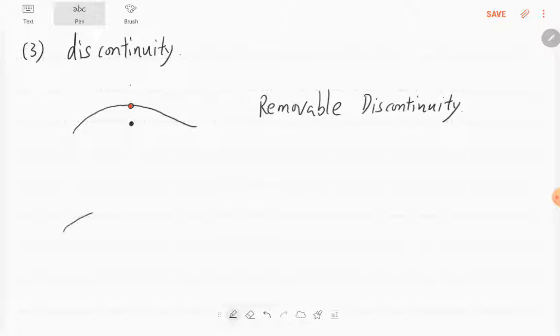For this kind of curve, even if you fill in this point, you cannot make it continuous. You have to lift your pen to continue to the other branch. You cannot connect these two points by adding a point. So this kind of discontinuity is called jump discontinuity.